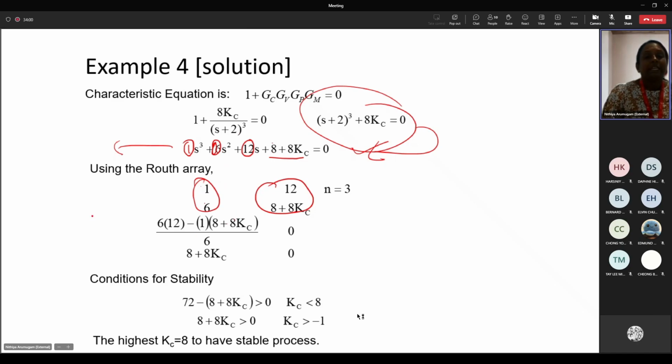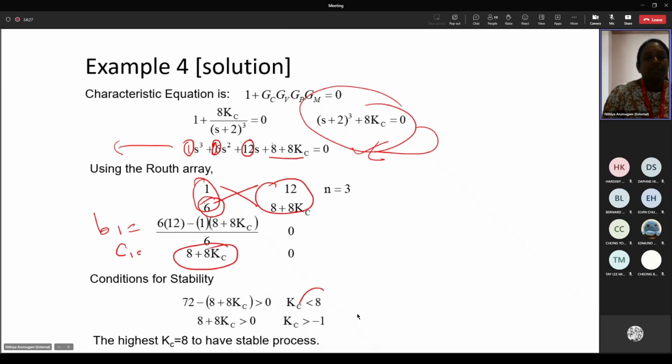And then we calculate the B1 as the difference between the multiplication of the diagonal terms, and then divide by 6. And for C1, we can calculate using the equation. If we solve, both also have to be more than 0.